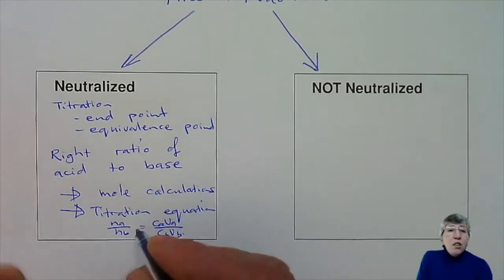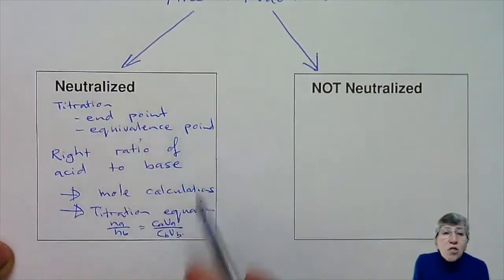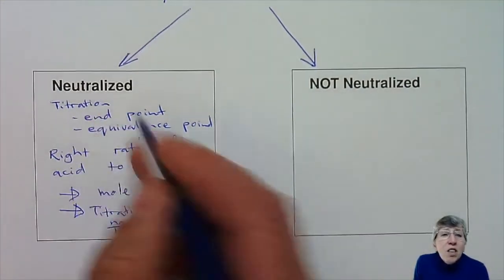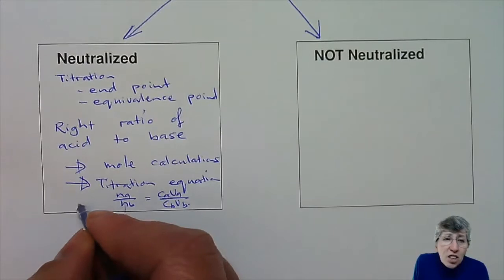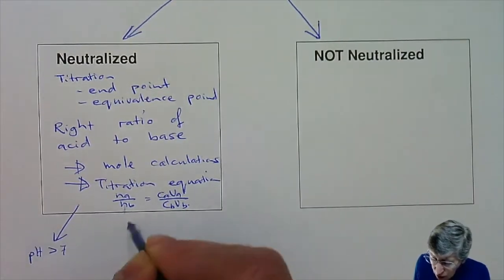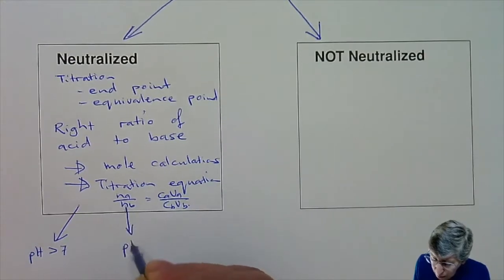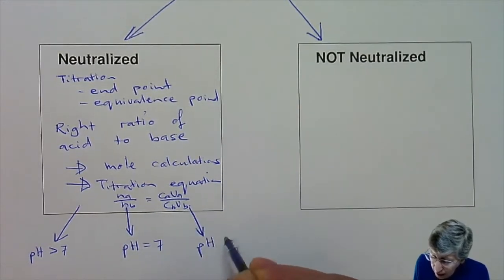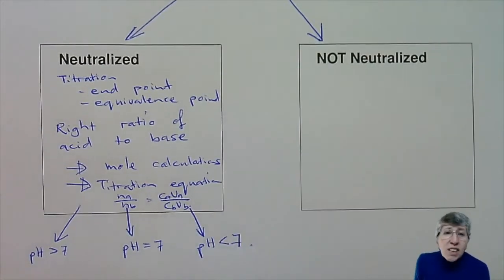So that is only true when it is neutralized, because then they are in the right ratio of acid to base. But neutralized does not mean pH 7. It can be a pH bigger than 7, or equal to 7, or smaller than 7.